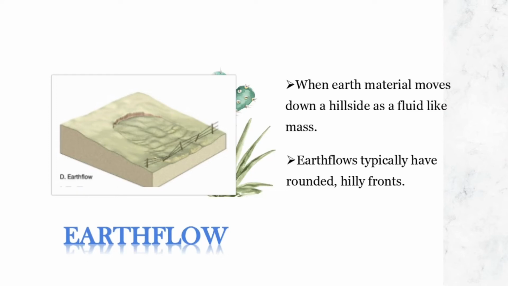The earth flow usually leaves a steep scarp behind where it separated from the hillside. Earth flows typically have rounded, hilly fronts. A common trigger for an earth flow is the undercutting of the slope by erosion from wave action or rivers, or by construction projects.